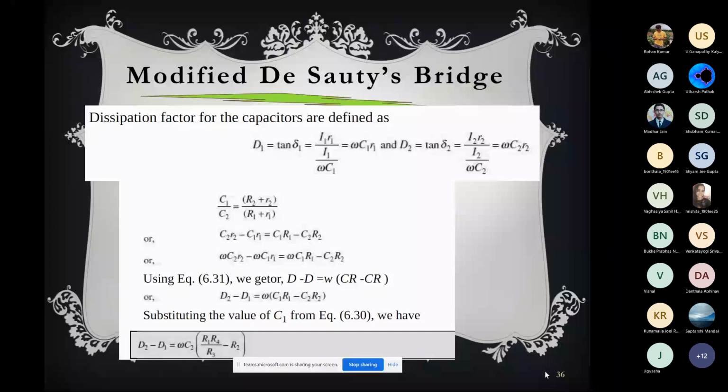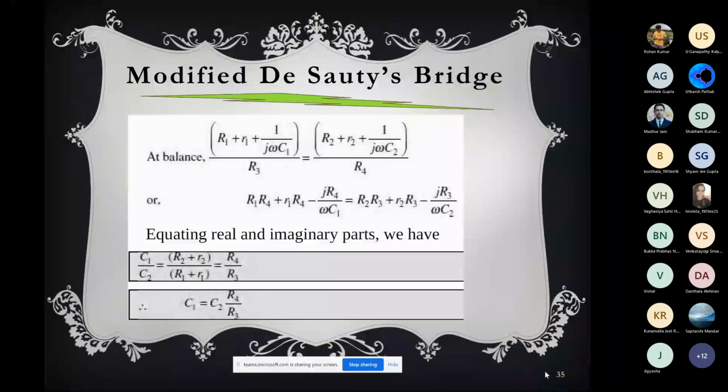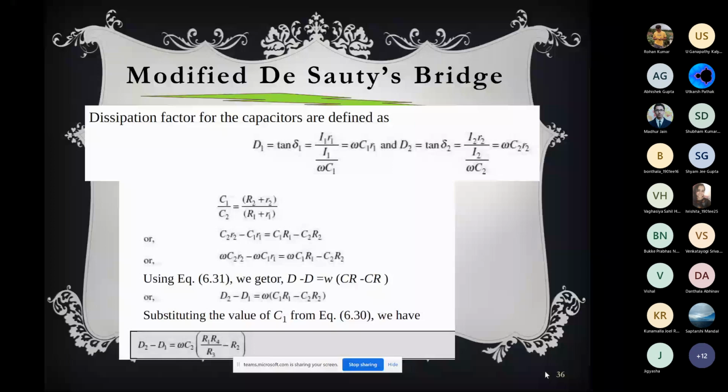Now from the equation C1 by C2 equals (R2 plus small r2) by (R1 plus small r1), this first equation, we could see that, multiplying, C2 R2 plus C2 small r2 minus C1 R1 minus C1 small r1 equals C1 R1 minus C2 R2.